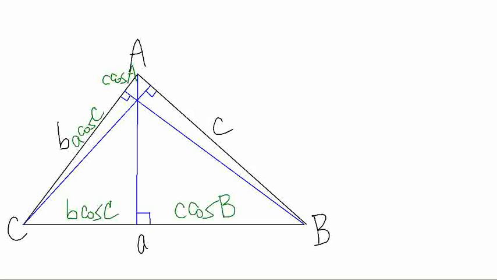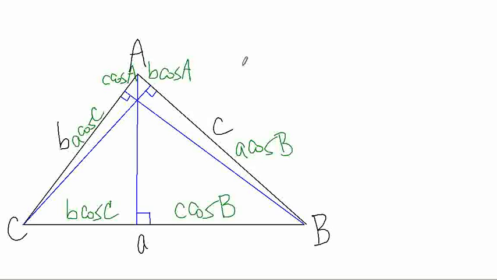Now for the other leg, the other side of triangle ABC, I have A cosine of B for the big piece, and B cosine of A for the small piece.